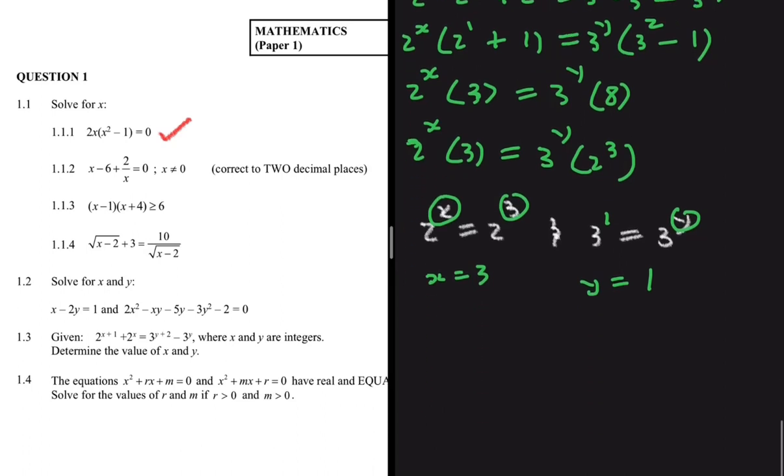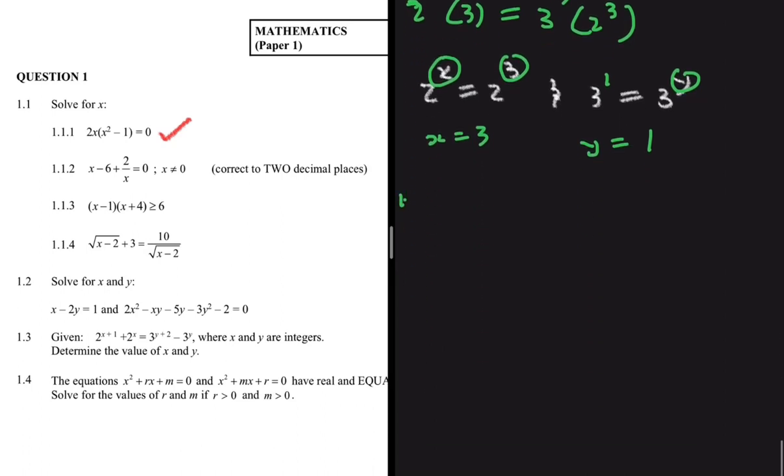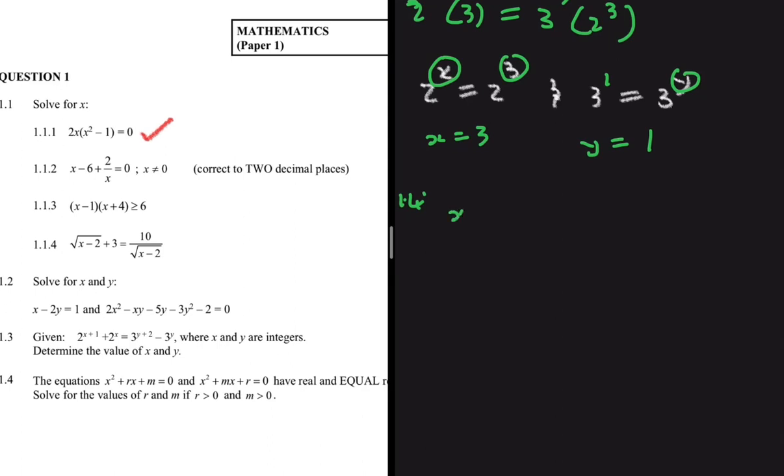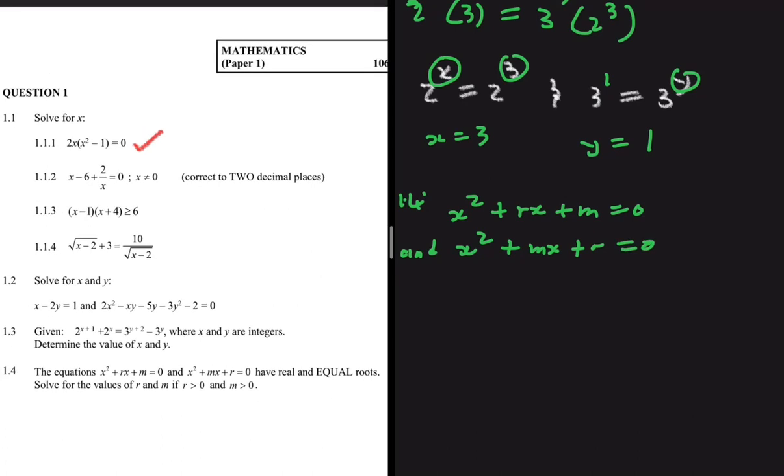The last equation, 1.4. In 1.4, the equation x squared plus rx plus m is equal to 0, and the other equation, x squared plus mx plus r is equal to 0, have real and equal roots.